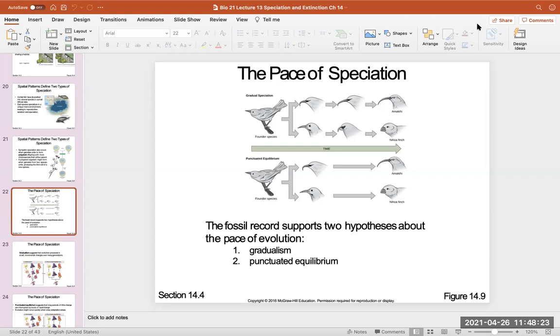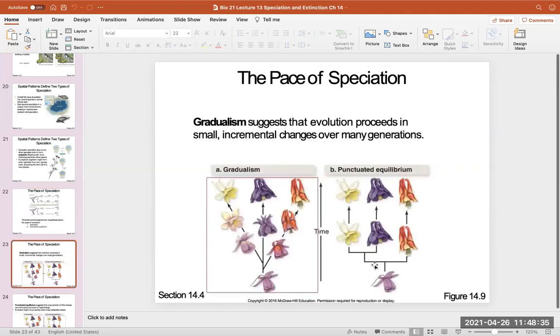Yeah, so with gradualism, change happens in small increments. That's how the change happens over time. Punctuated equilibrium is a stasis: stable for a long time, then there's a burst, and it changes all of a sudden.